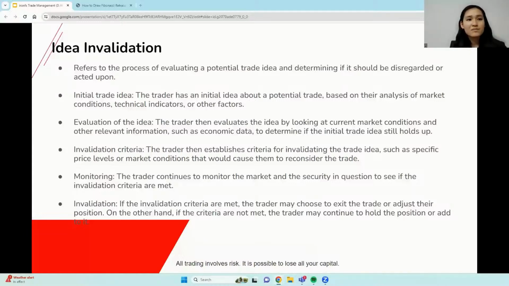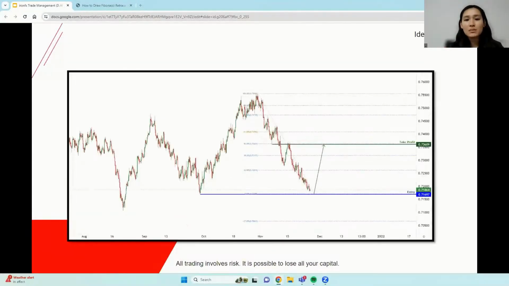And then invalidation: if they are met, the trader may choose to either exit the trade or adjust the position in the ways that we've mentioned earlier. If the criteria are not met, then obviously the trader might continue to hold the position or even add to it. So let's look at some examples on the charts.